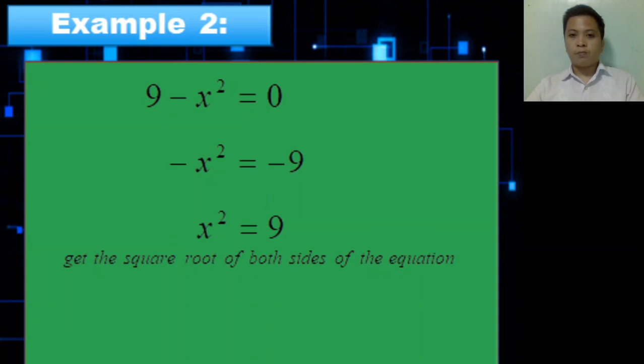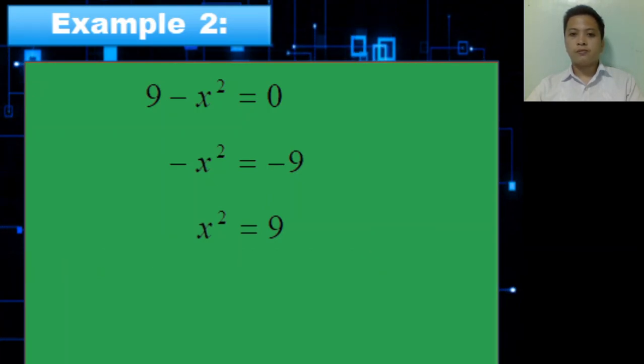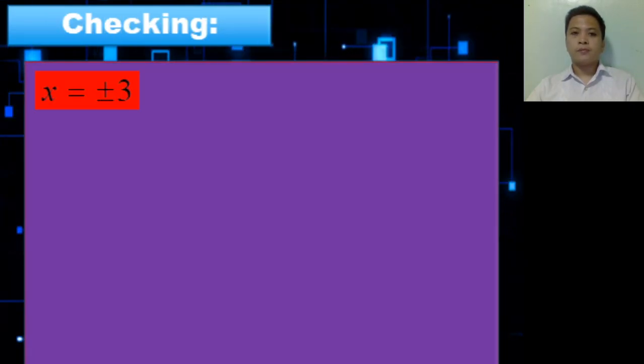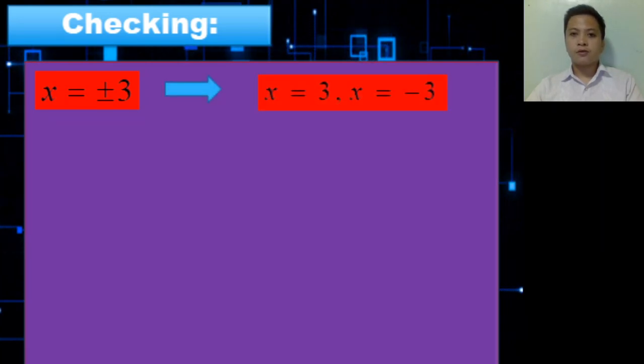Get the square root of both sides of the equation, and we will have x is equal to plus minus 3. Let us check. It can be written as x is equal to 3, x is equal to negative 3.